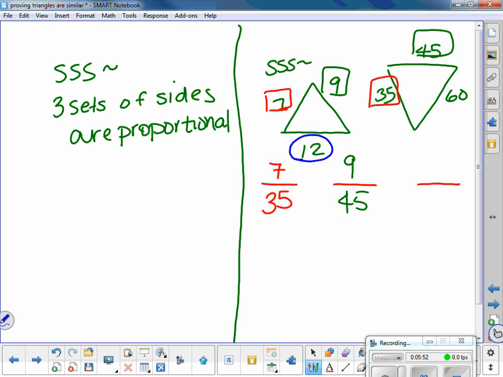And 12 will go with 60. Now, if I put them in my calculator, I am going to get 0.2, 0.2, 0.2. Because they are all equal, I can say side, side, side similarity. Okay?